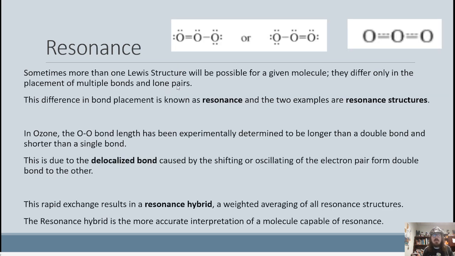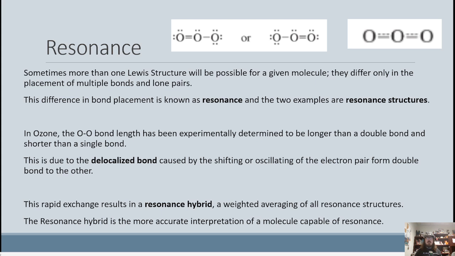One other thing to note is the concept of resonance. As we draw our Lewis structures, it is often possible to draw more than one given arrangement of double bonds. I'm not saying a whole new Lewis structure, but you could, like in the example of CO2, take a pair of lone pairs from each oxygen, or we could take two pairs from a single oxygen, whether that be the right oxygen or the left oxygen.